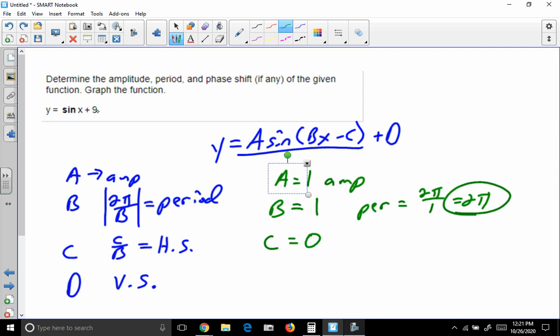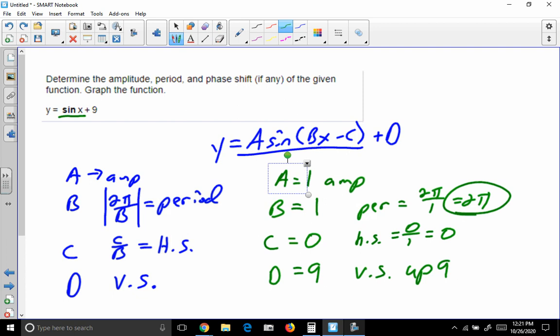If that 9 was added directly to the x, that would be in a parenthesis. Since there's not, then that 9 is outside the function. So C is 0. So that means our horizontal shift is 0 over 1, or just 0. So it's not shifted horizontally at all. D is 9, so that means our vertical shift is up 9.